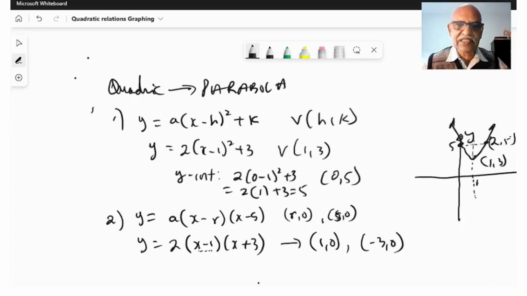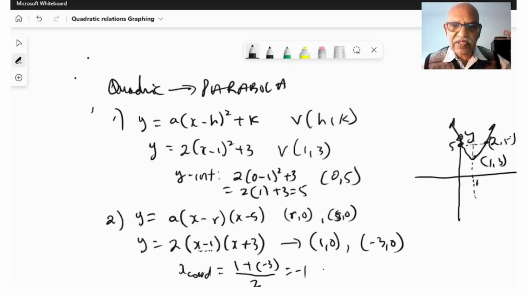These are x-intercepts. And the vertex is always in between the two x-intercepts. Therefore, the x-coordinate of the vertex will be the average of the two x-intercepts, 1 plus negative 3 over 2, which is negative 1.